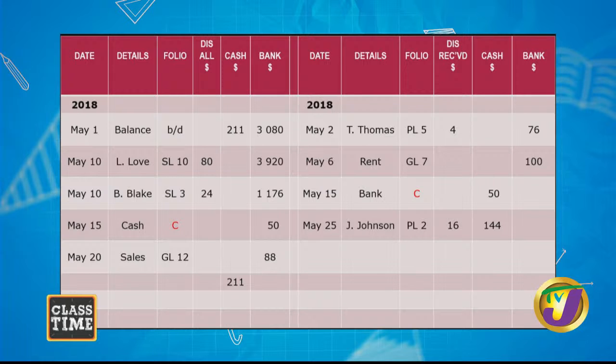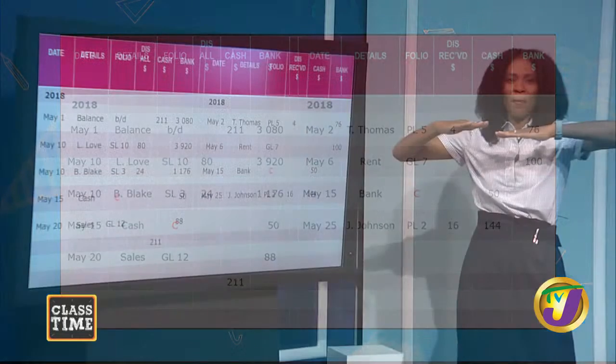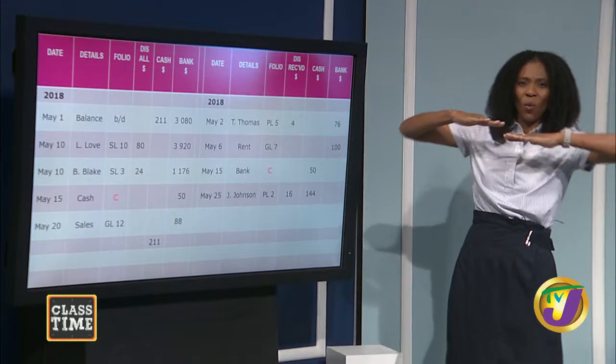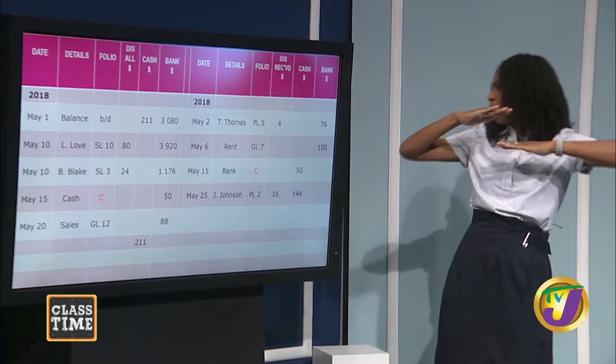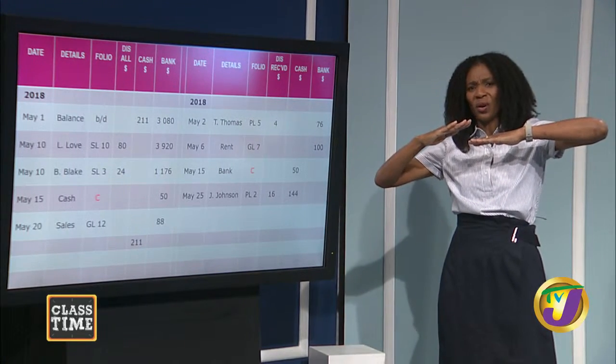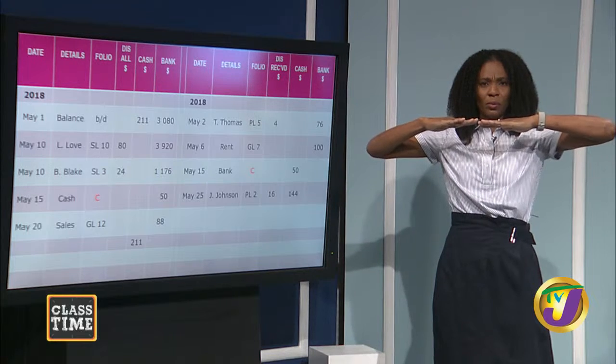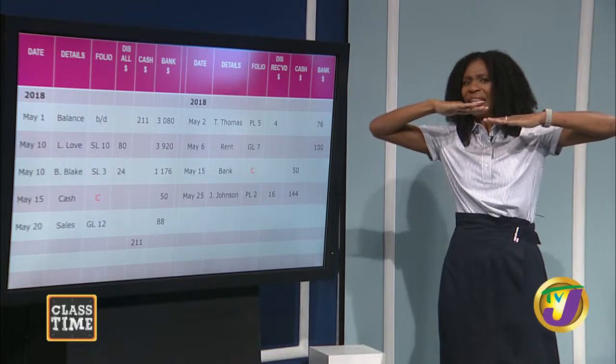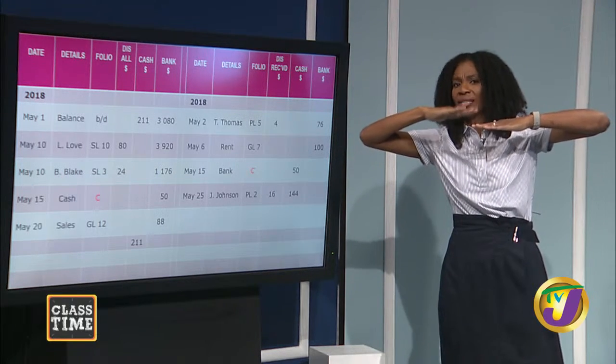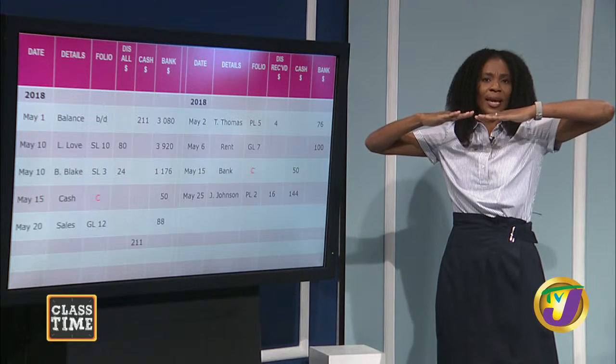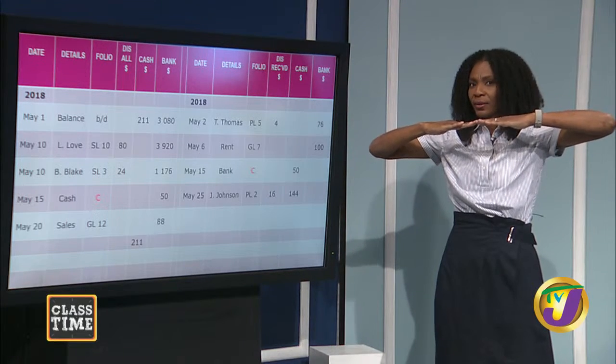It therefore means that the cash debit and the cash credit are not balanced as is. One side is 211 and one side is 194. We need to balance it up. So how much do I need to put on the smaller side to make it the same as the larger side?